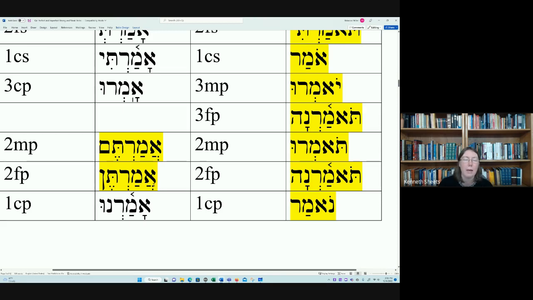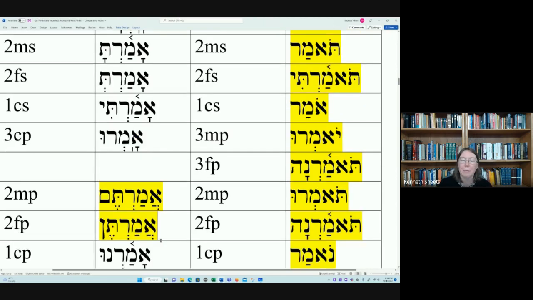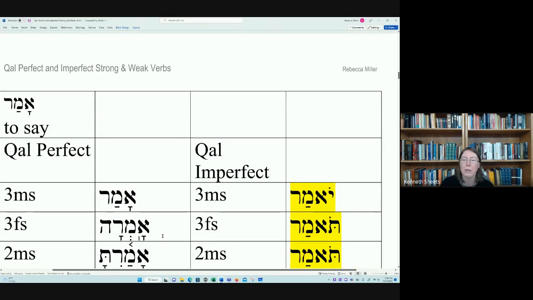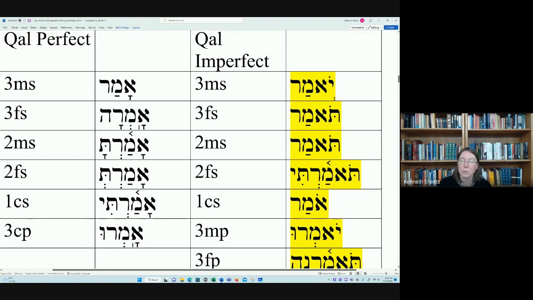And so that's what happens there. The composite schwa replaces the simple vocal schwa, yielding amarten. And then for the first common plural, amarnu. Again, no issues there. But then you come on over here to the qal imperfect, and this is where things are going to be a little bit different.